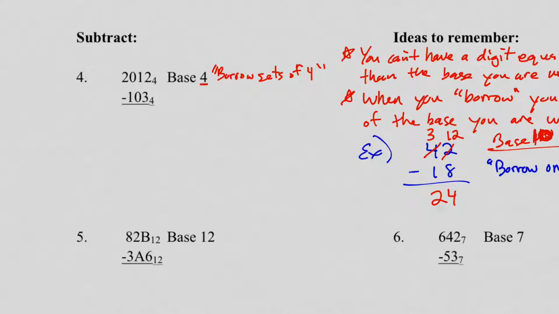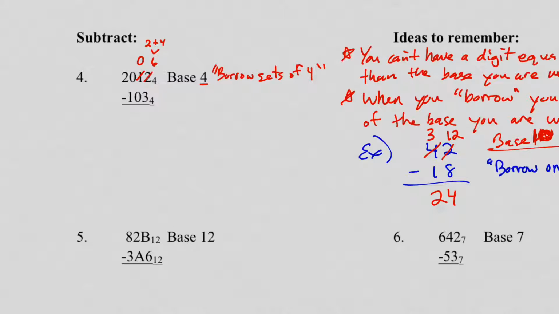In other words, when I say, I need to borrow from this 1, so now that's 0, okay? And that's one set of 4, so I'm going to add the 4 to the 2, and I'm going to get 6, okay? So that just came from 2 plus 4. Okay, that part you're doing, you have the 2 that's already there plus the 4 that we're borrowing, because we're borrowing one set of 4s, that makes 6.